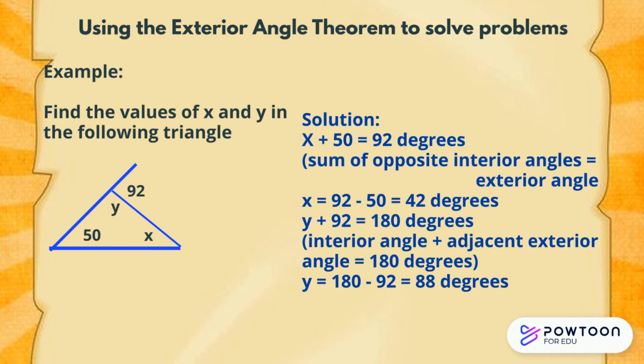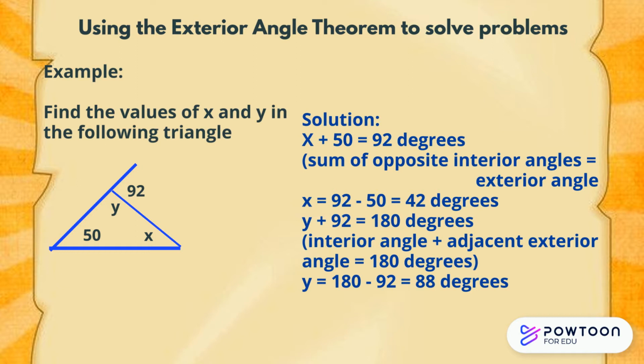Let us now proceed in solving for the value of y. Remember, y is the interior angle. And remember, the measure of the exterior angle adjacent to the interior angle y is 92 degrees. Thus, y plus 92 degrees is equal to 180 degrees.